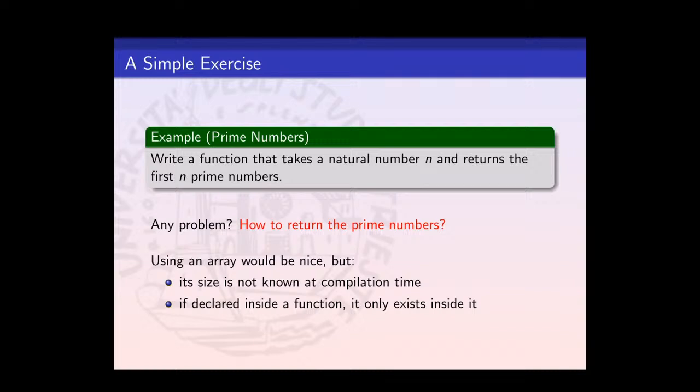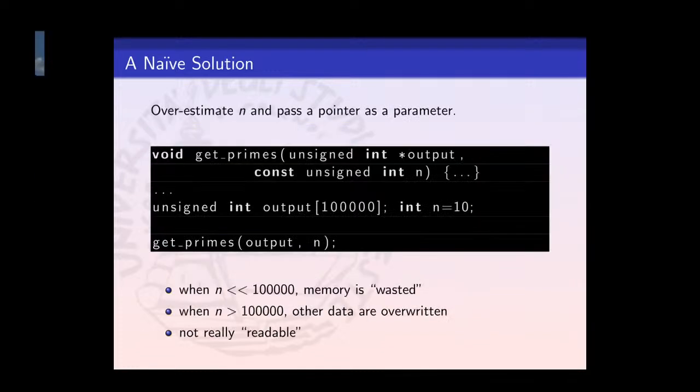Okay, because an array is a sequence of memory locations. If you declare the array inside the function, once you exit the function, the declaration of the array doesn't hold anymore. So it's not possible to use the array.